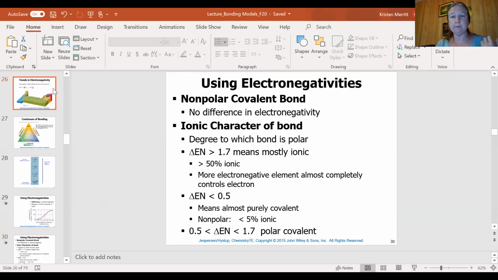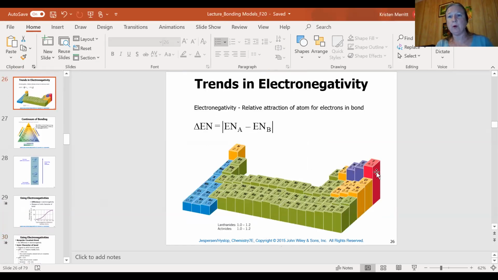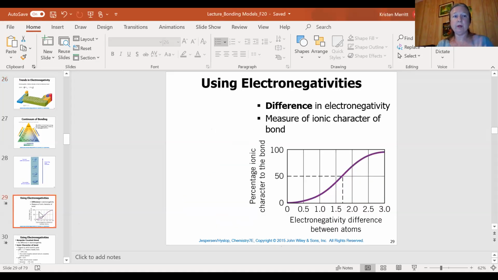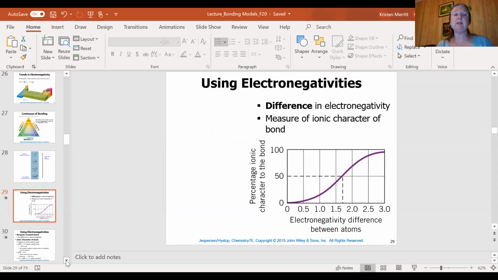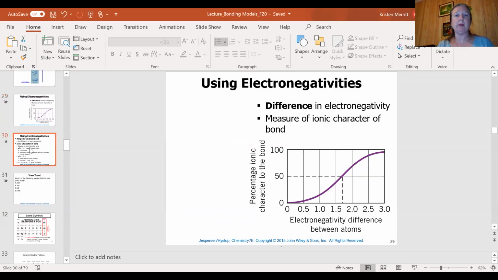So let's look at hydrogen is 2.1, fluorine is 4.1, so that would be 2.0 is your difference. And we come over here to 2.0, and that's way up here. It's about 65 or 70% ionic character. So that's actually very ionic. It's still a covalent bond, but it's a polar covalent.